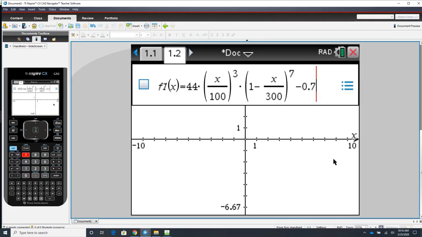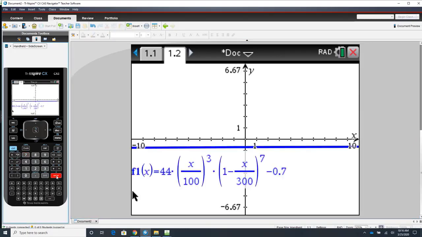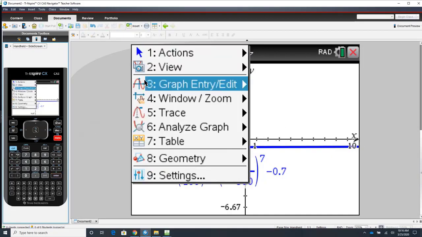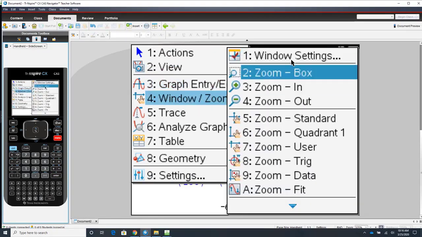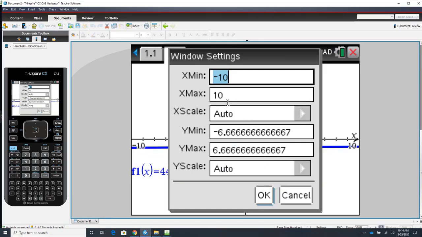Well, I'm going to graph this function. And most likely I'm not going to see too much now, because the range of my window is not an appropriate one. Since I'm interested in the interval for x 0, 300, I have to change this range. So let's change the range. Window setting.